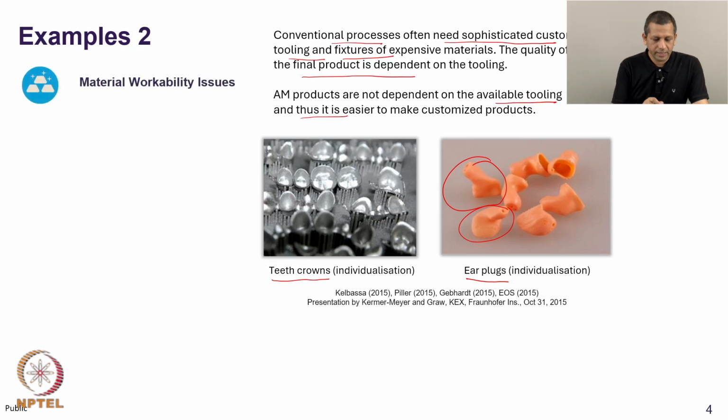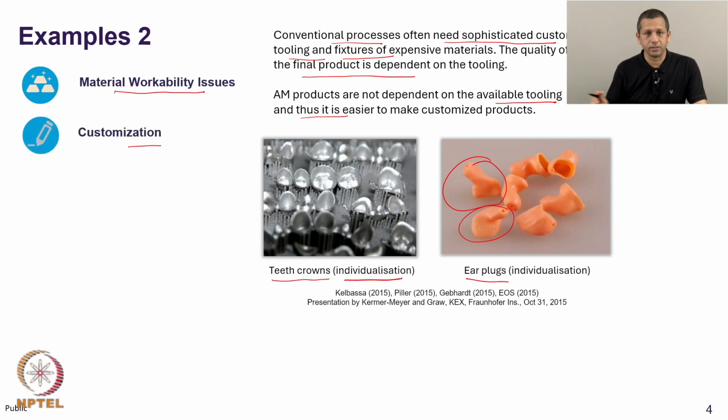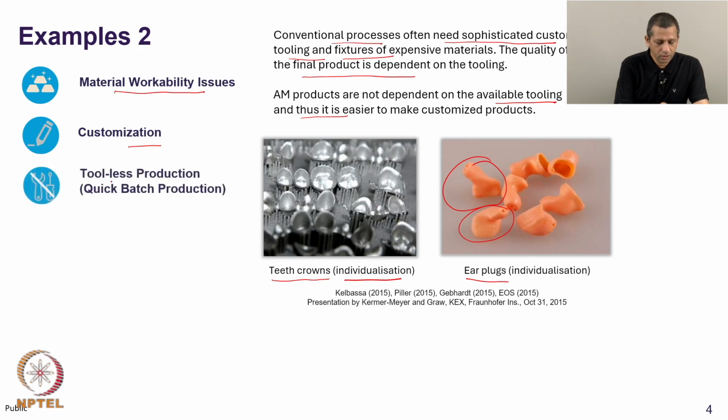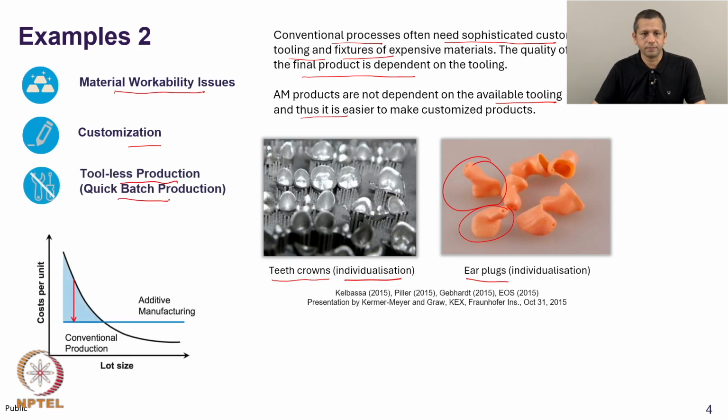AM avoids material workability issues because it can use materials which are difficult to shape or melt otherwise. It offers customization and individualization because products can be made based on individual designs. It is a toolless production process, thus quick batches can be produced based on the design files.